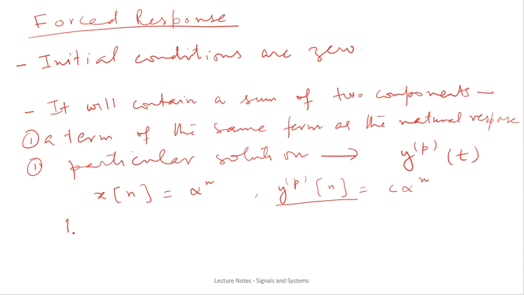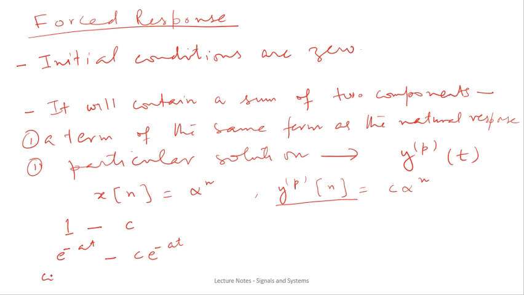I will discuss some more examples. For the continuous time case, if the input is 1, then the particular solution will simply be a constant. If the input is e raised to the power minus at, then the particular solution can be represented as c e raised to the power minus at.